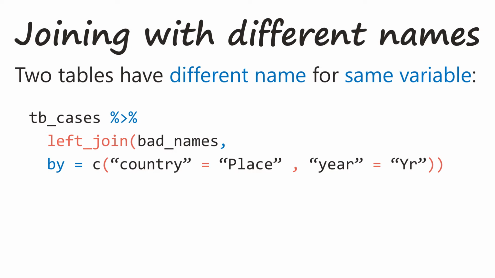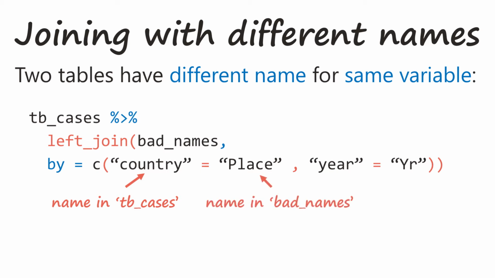But yes, one table might have a variable named country, and the variable in the second table might be the same, but it might be named place with a capital. I mean, it's not helpful to have a capital in a column name if we're using this consistent style as we have been.